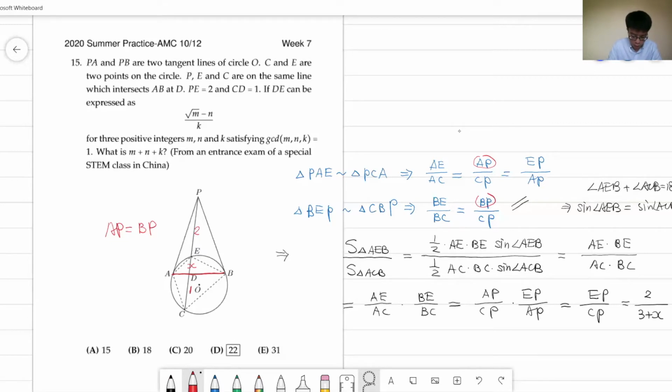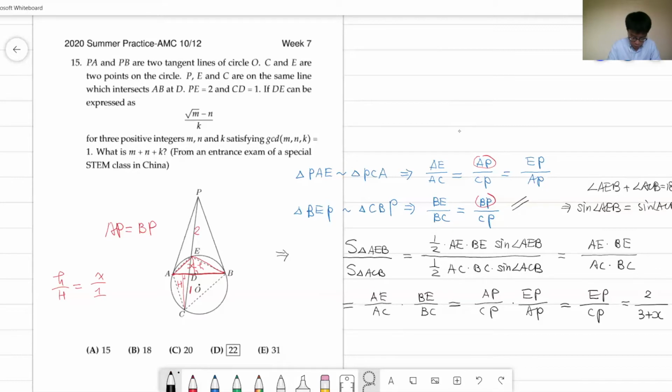Let me draw a height here, small h, and also the height here, capital H. So h over H will be equal to X over 1.